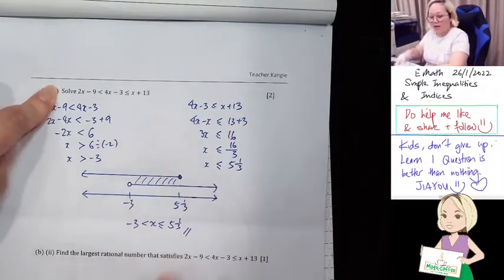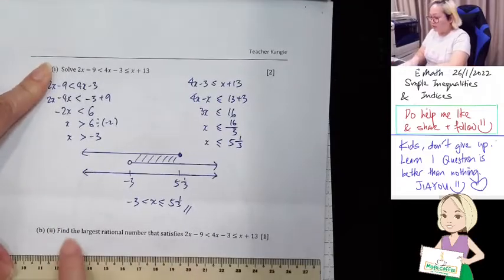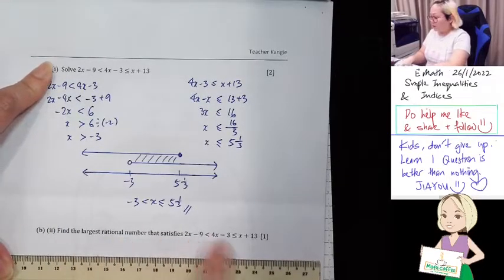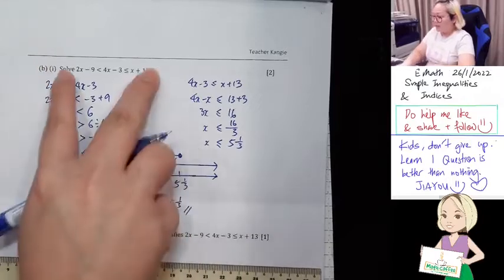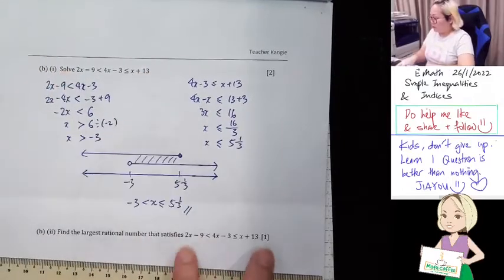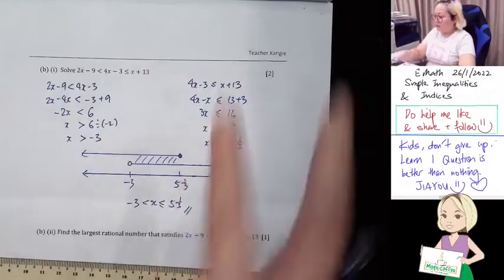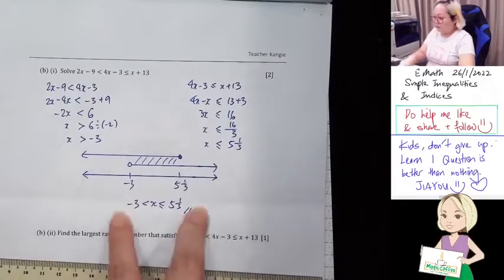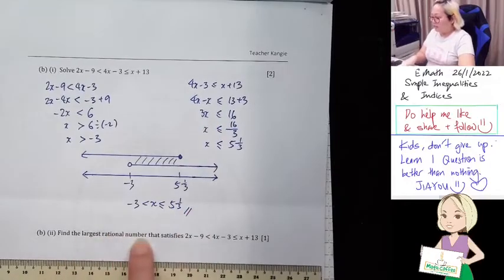Then after that, they want you to find the largest rational number that satisfies this one. And this is exactly the same as this. In other words, look at this range here. What is the largest rational number that satisfies here?